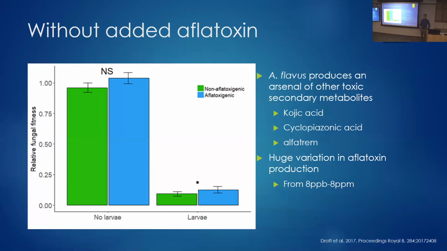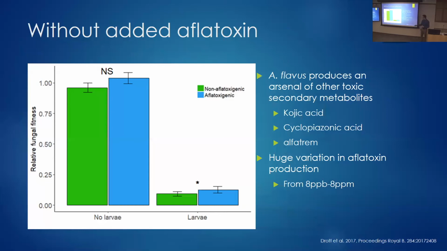What we have to remember is that Aspergillus flavus doesn't just produce aflatoxin. It also produces a bunch of toxic compounds like kojic acid, cyclopiazonic acid, and alpha-trem, all of which are known to be toxic to insects. And you have to remember that both the non-aflatoxigenic and the aflatoxigenic isolates may be producing these compounds as well. Also, the amount of aflatoxin that our isolates produced varied 1,000-fold, from 8 parts per billion to 8 parts per million.